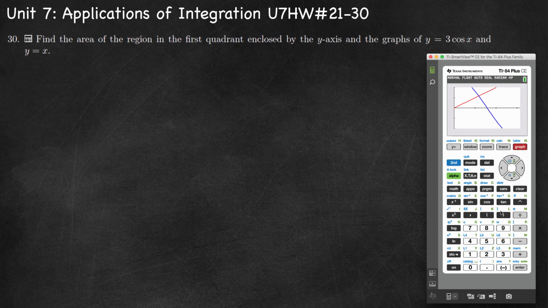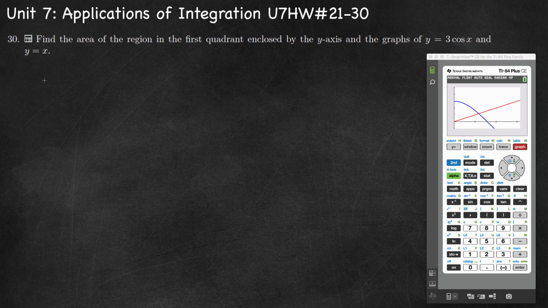It says the area of the region in the first quadrant enclosed by the y-axis. Nope, because we need this area over here. The y-axis, the graph of 3 cosine x, which is the blue one, and then y equals x, which is the red one. So I need to make my y max higher. And my y min doesn't have to be that low. All right, there we go.